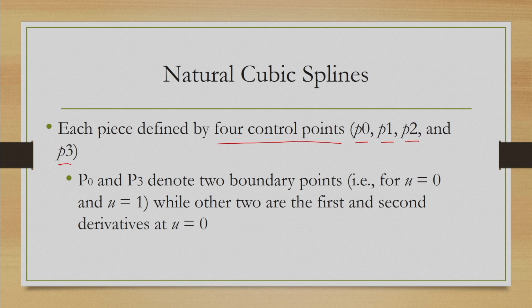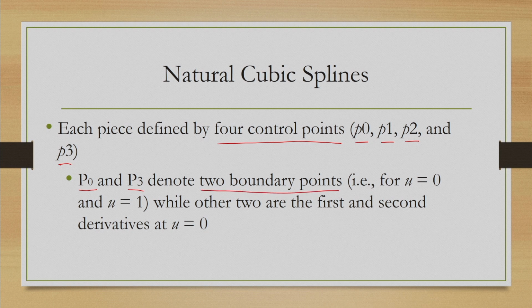Recollect that when we are talking of polynomial interpolation, what we mentioned earlier is that if we are using a polynomial of degree n, then we are going to have n plus 1 control points. So, similarly here, since the degree is 3, we have 4 control points. Now, in the case of natural cubic splines, 2 of the control points P0 and P3 denote 2 boundary points.